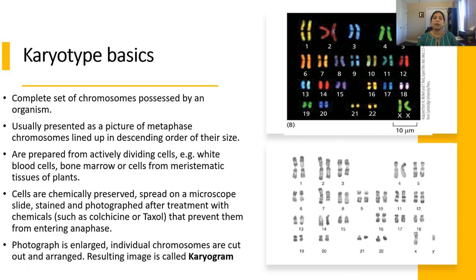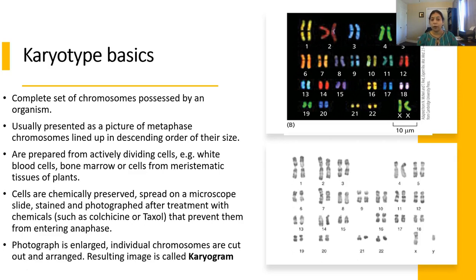So many times we use either white blood cells or bone marrow cells, or meristematic tissues of plants, for example. So just actively dividing areas of your body, whether it's human, animal, or plant. Then we chemically preserve the cells, holding them so that they maintain that mitotic image.